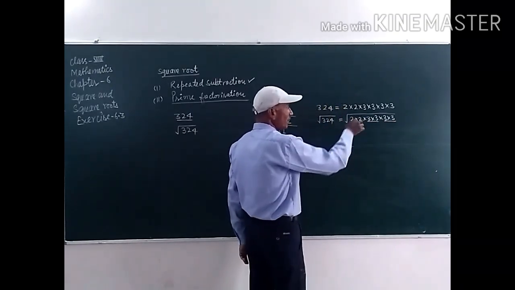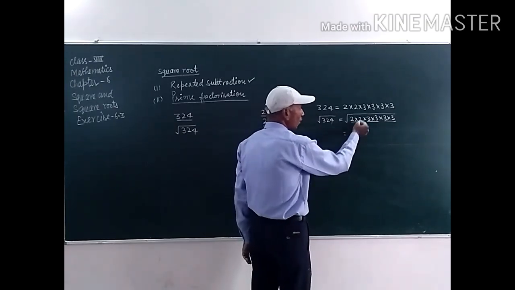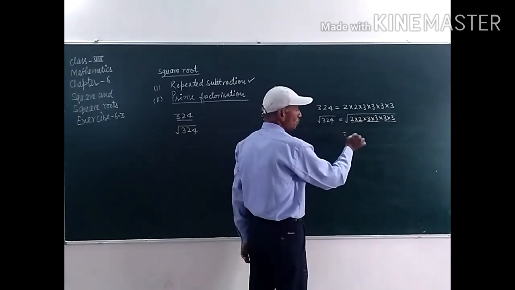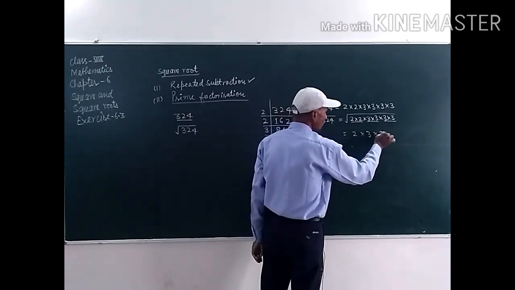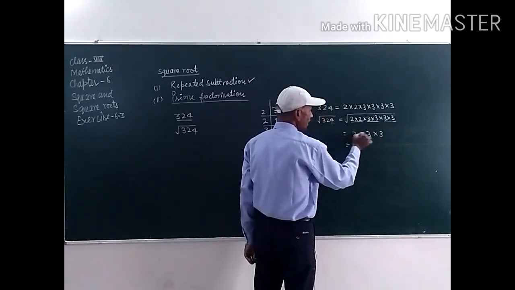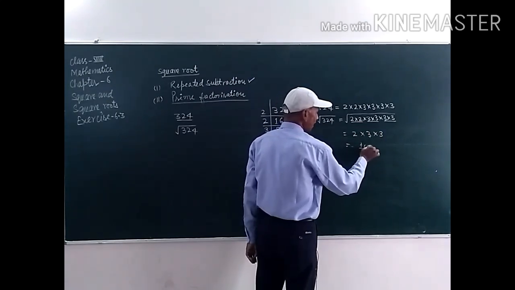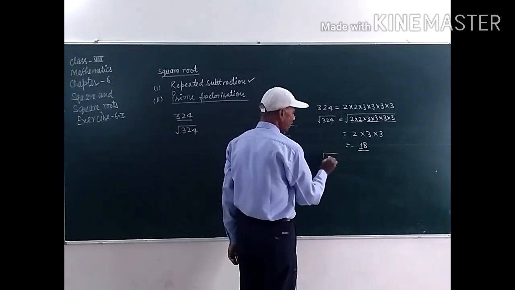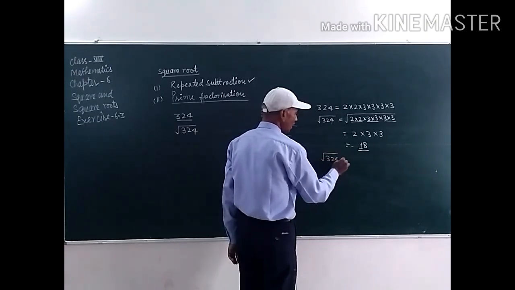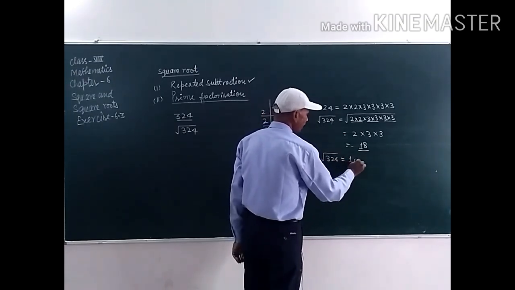Clear, student? From each pair we have to take one number. Out of 2 we choose 1. So 2 into 3 into 3. So 2 threes are 6, 6 threes are 18. This is the square root of 324. Our square root of 324 is equal to 18.